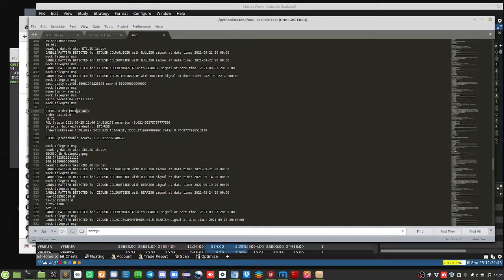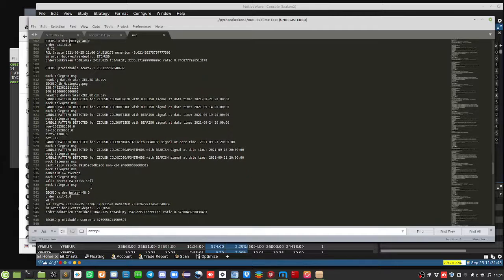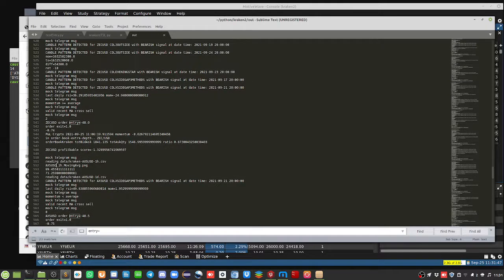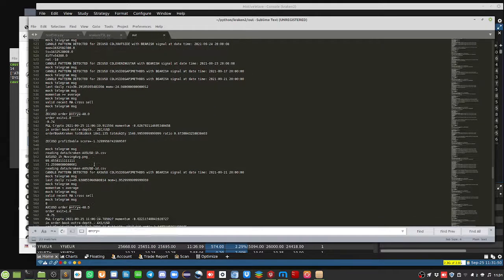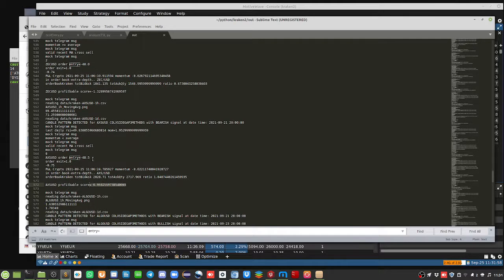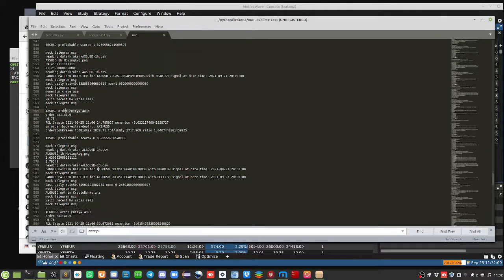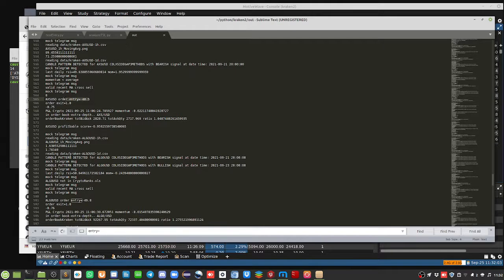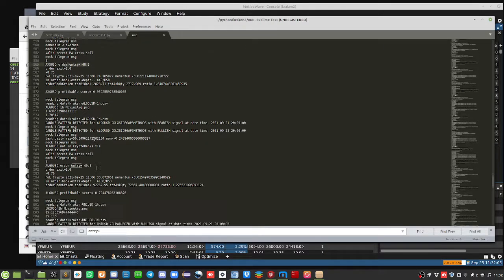We also have ZEC, Zcash, negative. This one, negative 0.95, and yeah, negative again. So that could be a good coin, but not today, not this time. Algorand's another decent one, negative, boom.